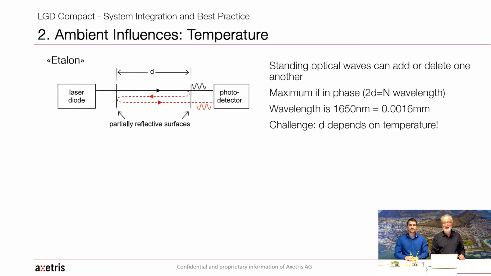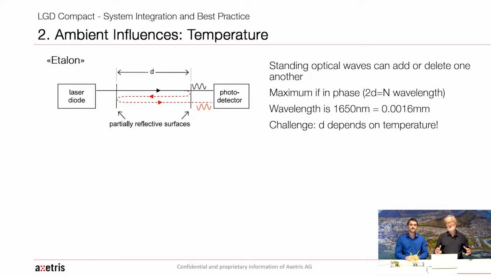And then at the end, near the photodetector, you have two waves, and one is delayed to the other one, and they mix together. So these standing optical waves, they can add or cancel. The maximum can be reached when you are in phase, and the minimum when you're completely out of phase.